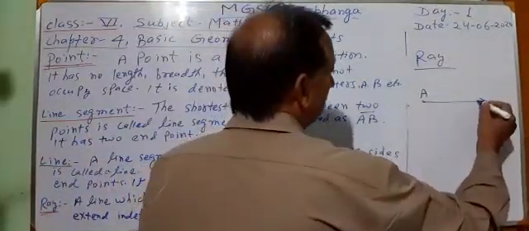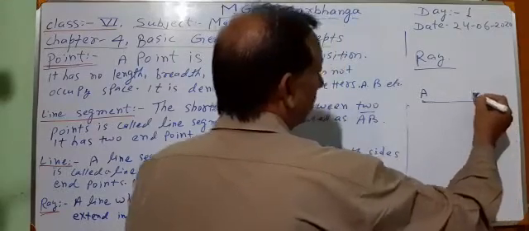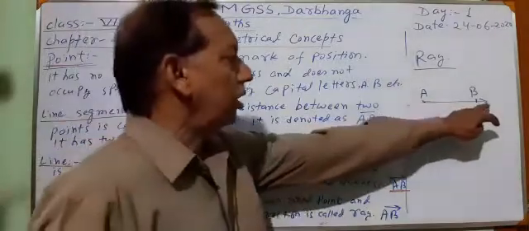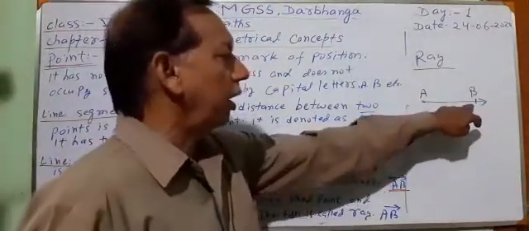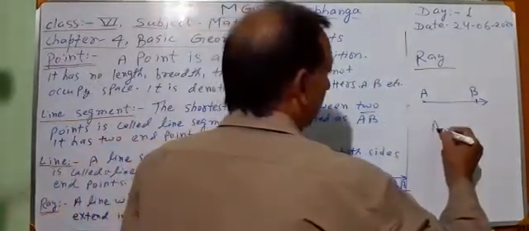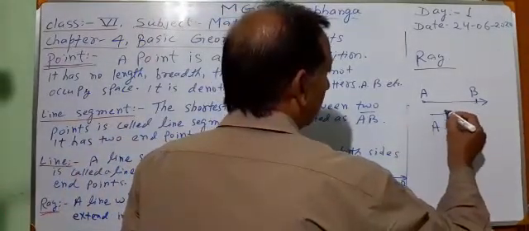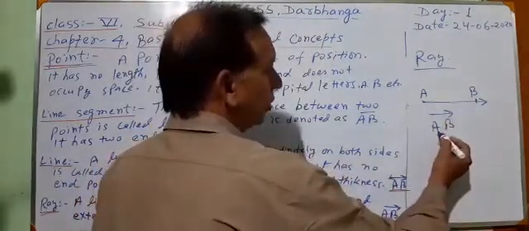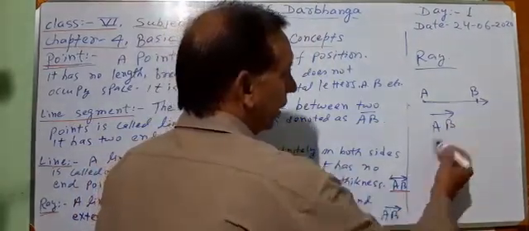Suppose B is any point. B is not the end. Here I am writing B, but B is not the end; B is any point near this end. So we write AB with the arrow sign above. This is the ray. We shall read it as ray AB.